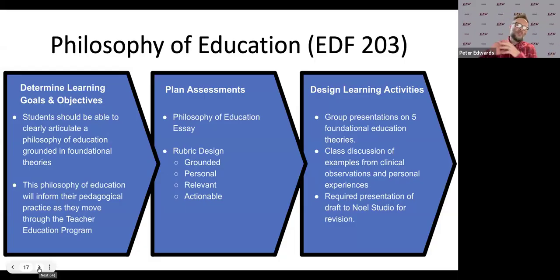Once that was done, we then moved back to the learning activities. And in my classes, one of the important things we did was students built presentations on each of the 5 foundational education theories we learn about in EDF 203. They talked about who developed these theories, where we saw them in history, tried to put them in context. Were these theories student-centered?